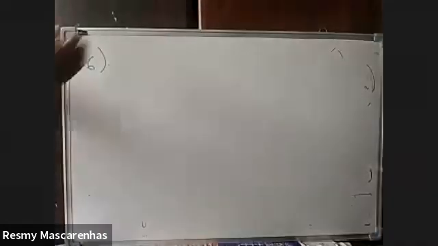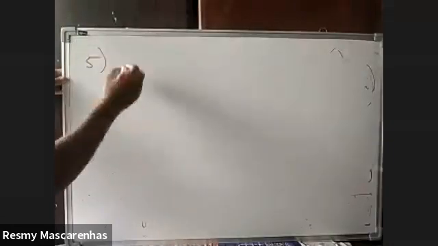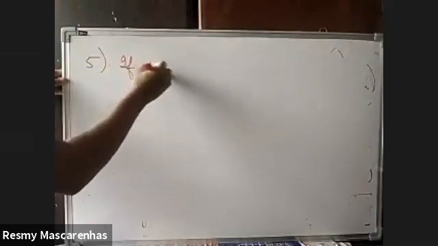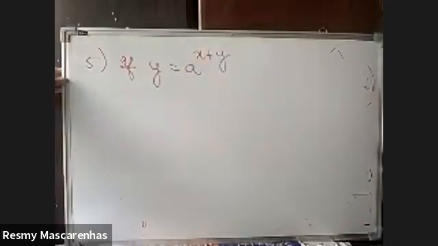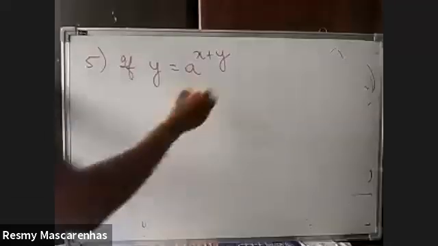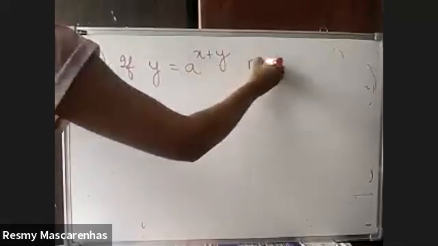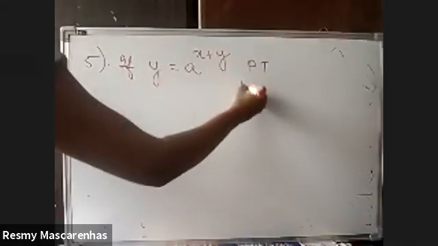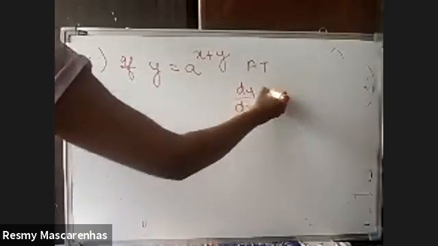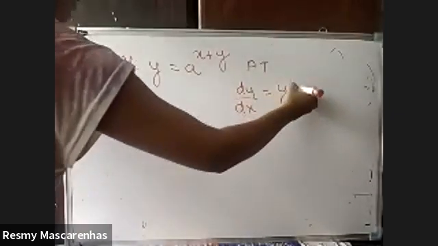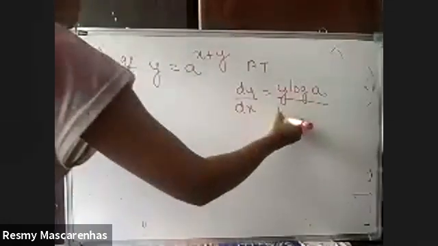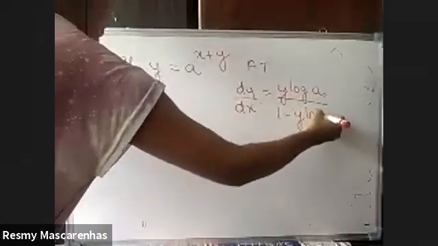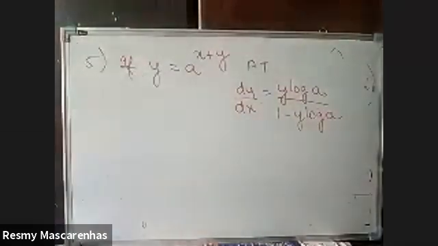Fifth one, if y is equal to a raised to x plus y. Prove that dy by dx is equal to y log a upon 1 minus y log a.